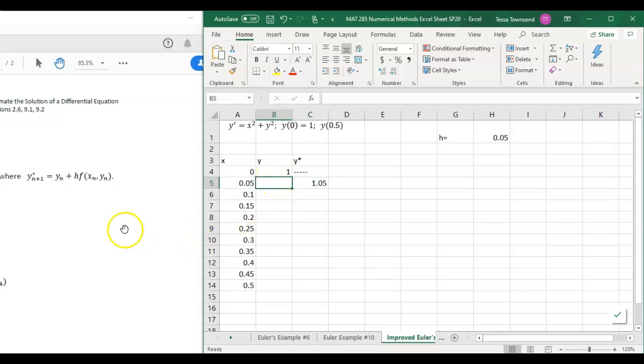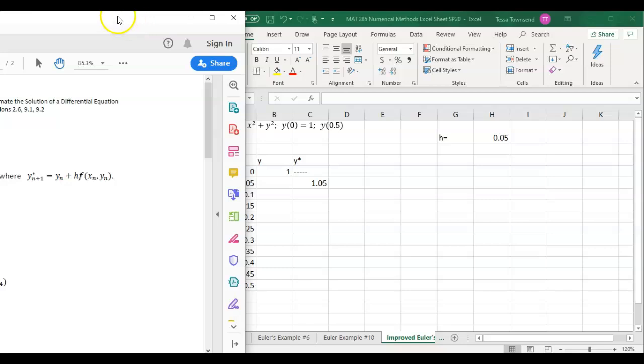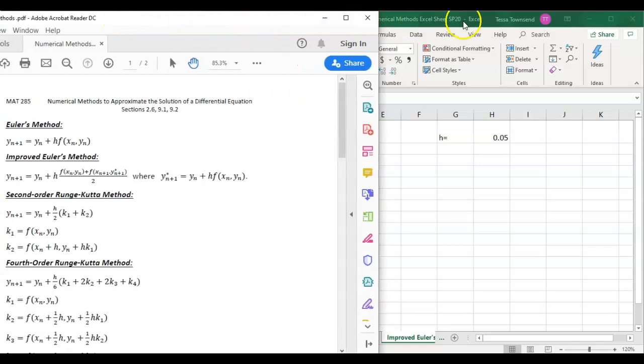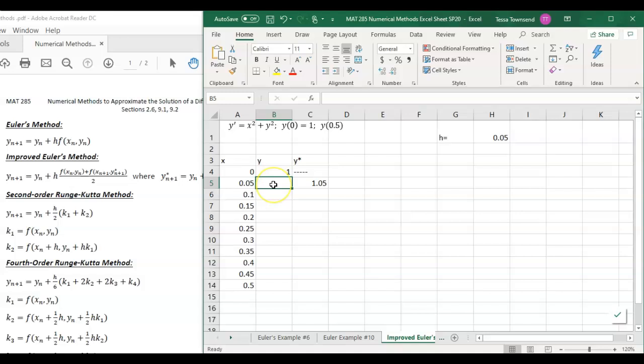So now we've got to type in our y. Our new y value is y sub n, which is 1, plus the step size, times some stuff.